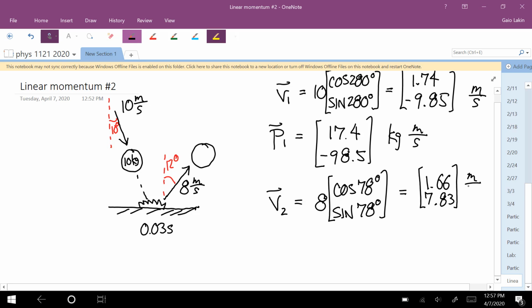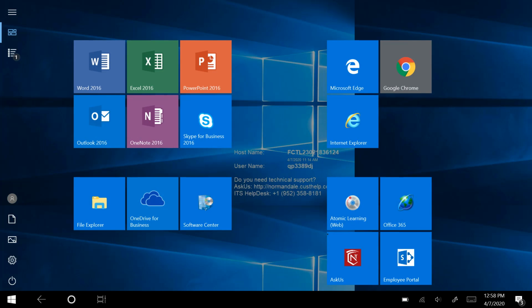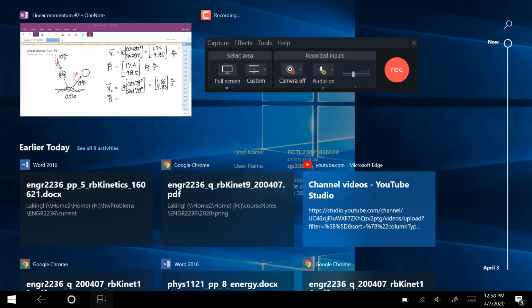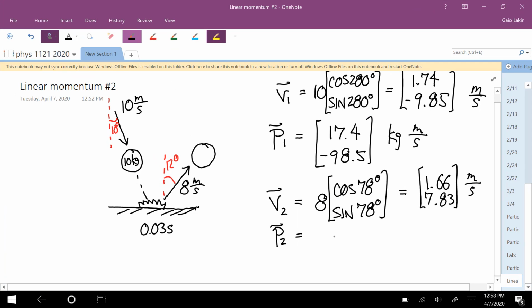Now multiply that by the mass, which is still 10 kilograms, and our second momentum is 16.63, 78.25 kilogram meters per second.